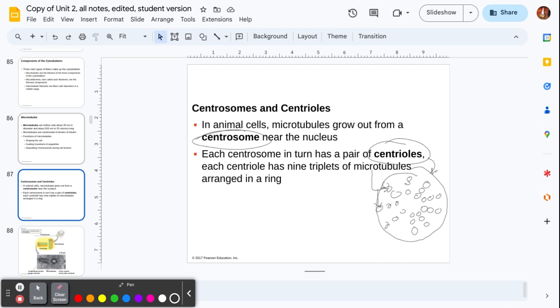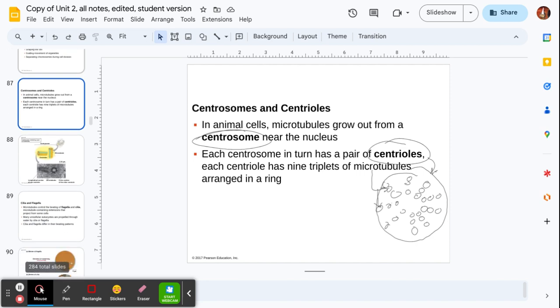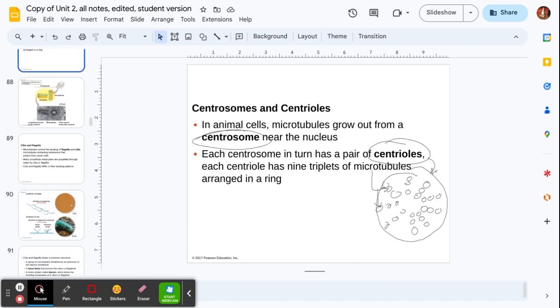So if you cut through it and you looked at it head on, you'd see all of these little sets of microtubules around the outside. And that's involved in cell division, so it will help the chromosomes separate during cell division. It will also help with movement.